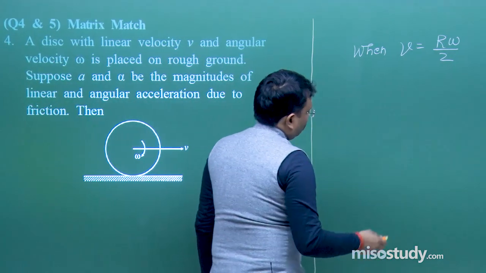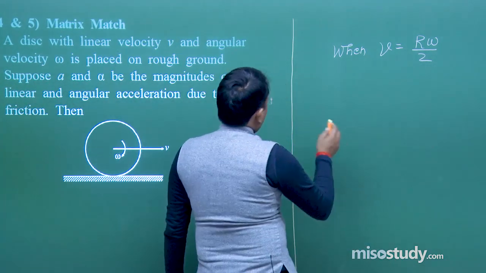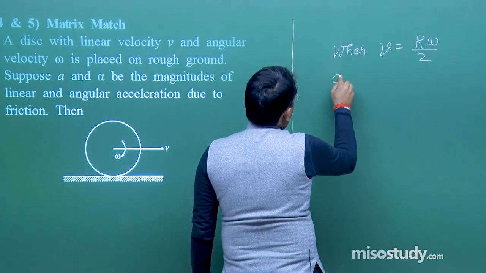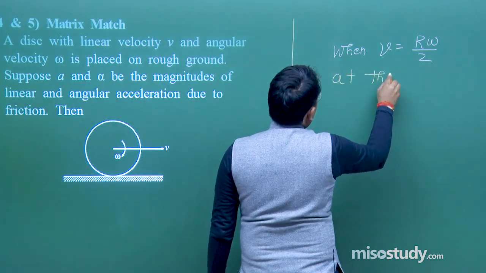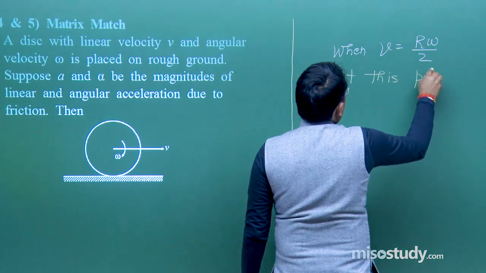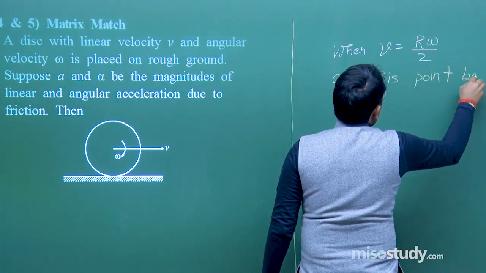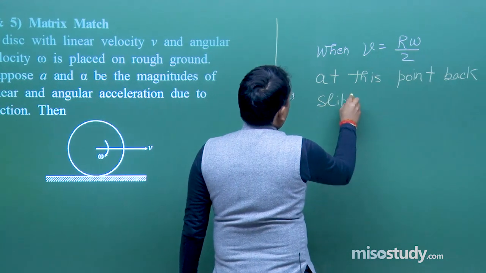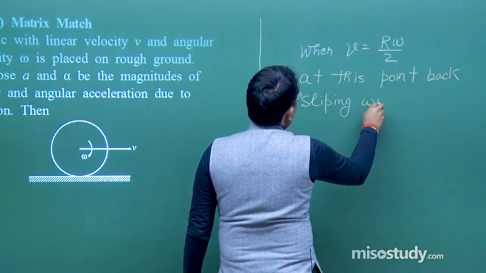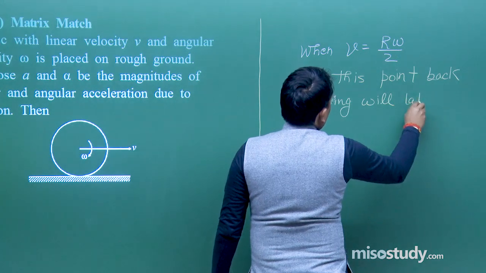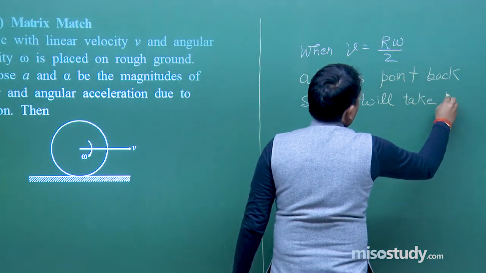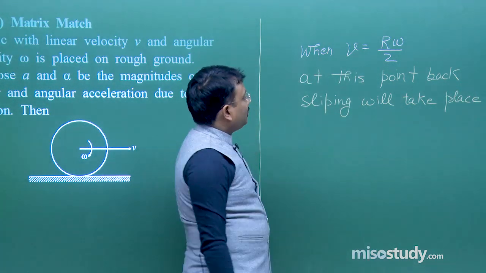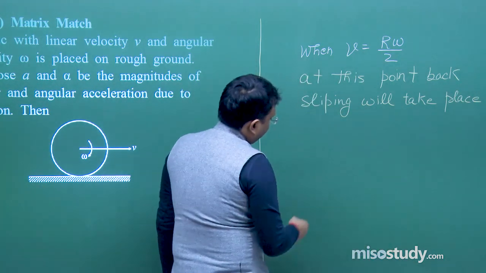So, V is equal to R omega by 2, and in this scenario, at this point, back slipping will take place, fine. At this point back slipping will take place.